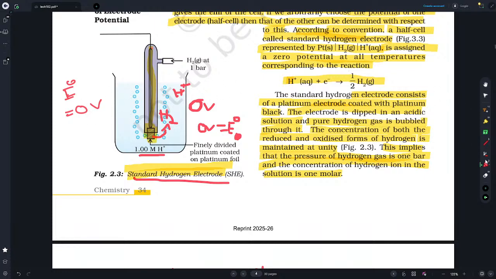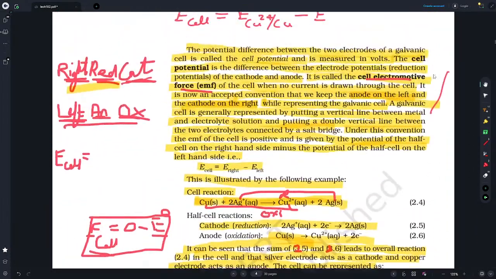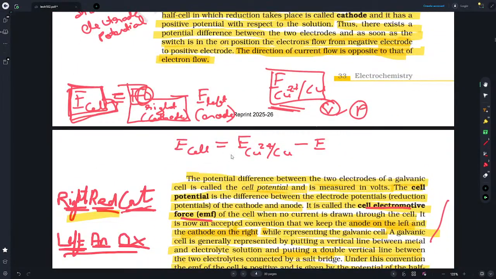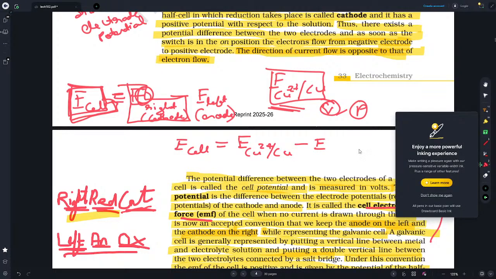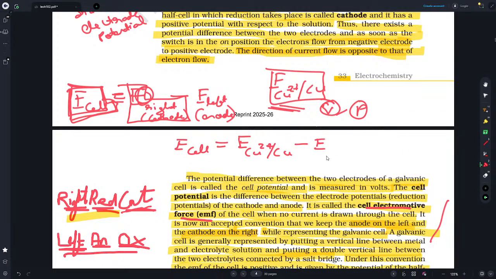So we take one side as copper, or whatever metal we want to find the electrode potential of, and the other as the standard hydrogen electrode.